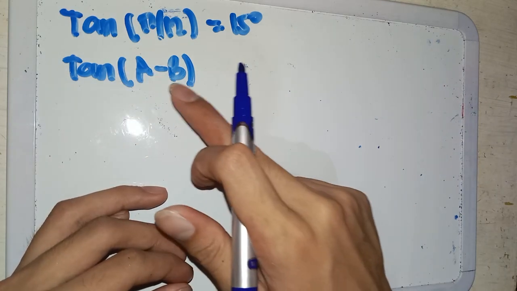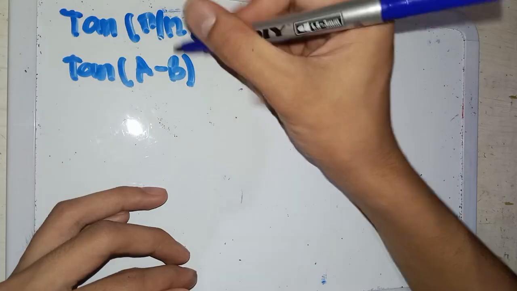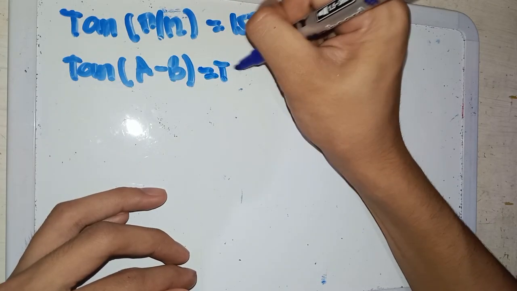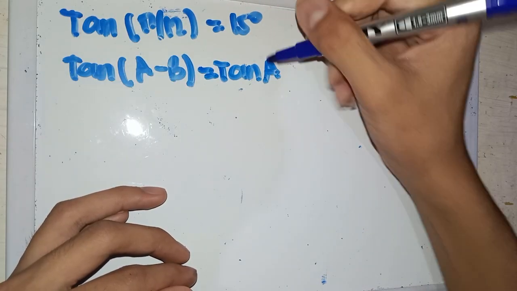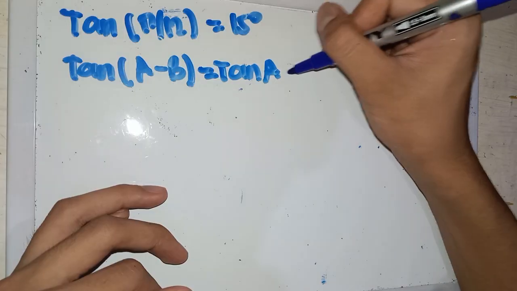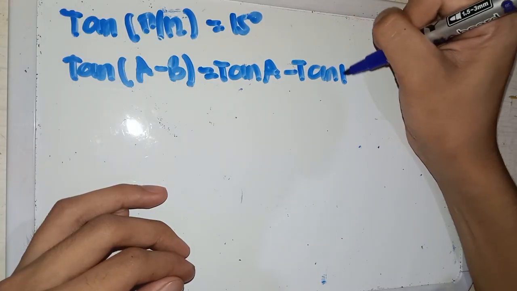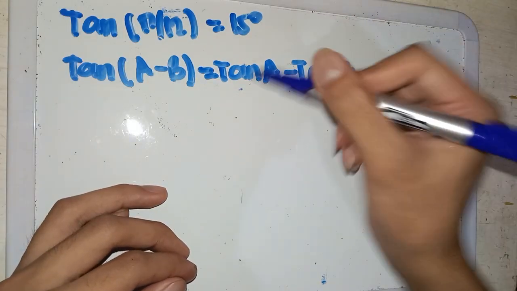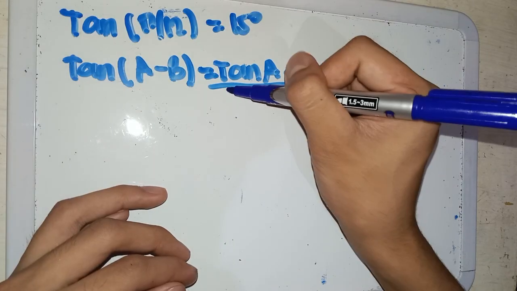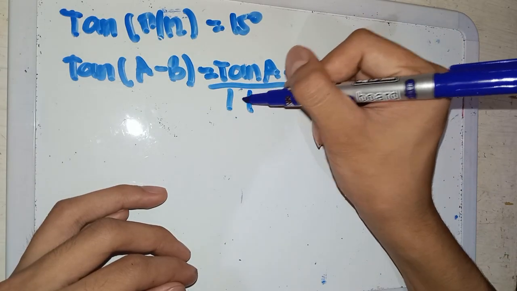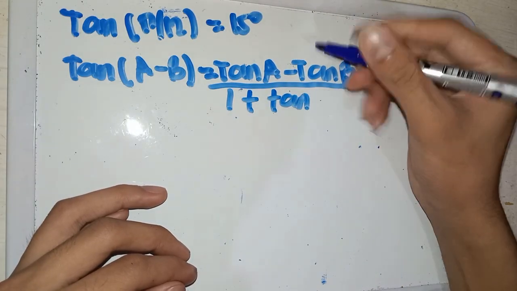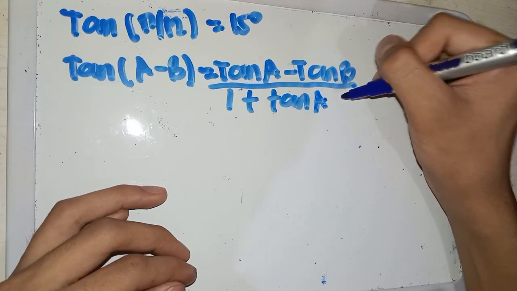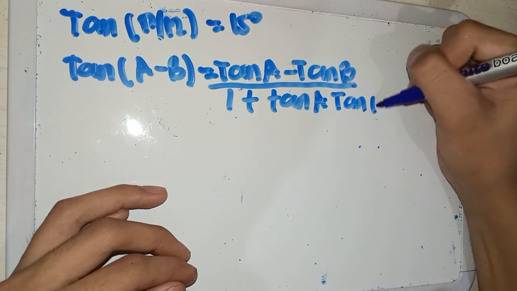Tan of A minus B is equal to tan A minus tan B over 1 plus tan A tan B.